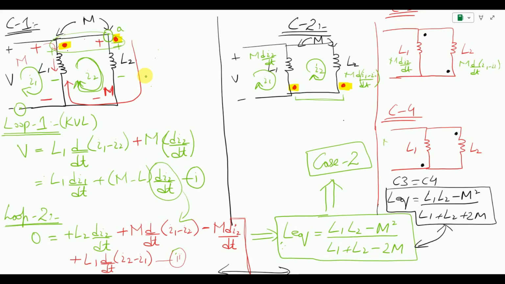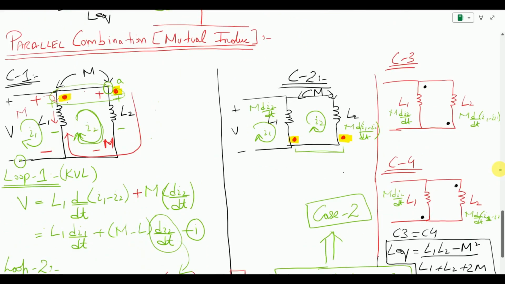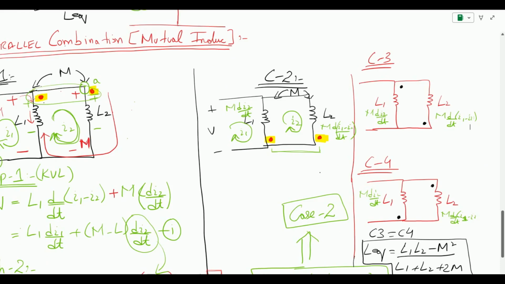Similarly, here the effect will be M di2 by dt, and here the effect will be M d by dt of (I1 minus I2). So these are basically the values for these currents and circuits that we just saw. So this is basically I1 and I2.